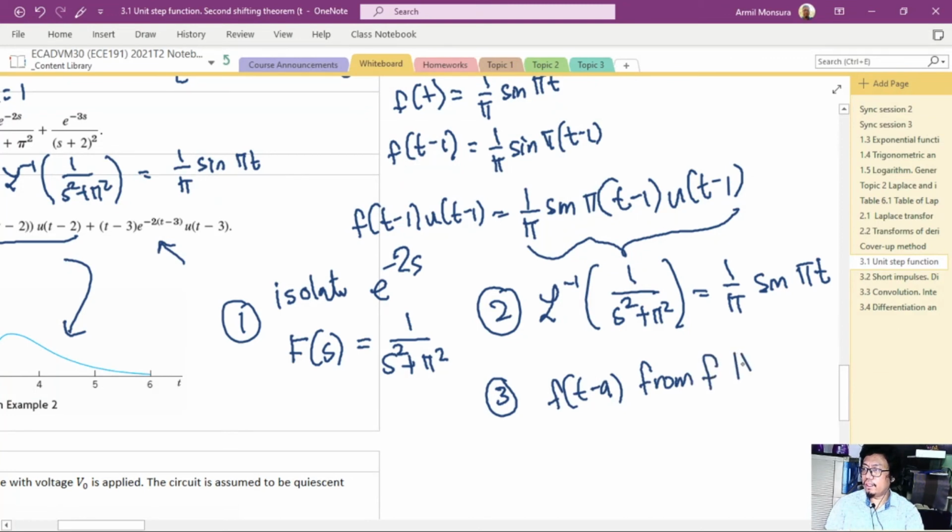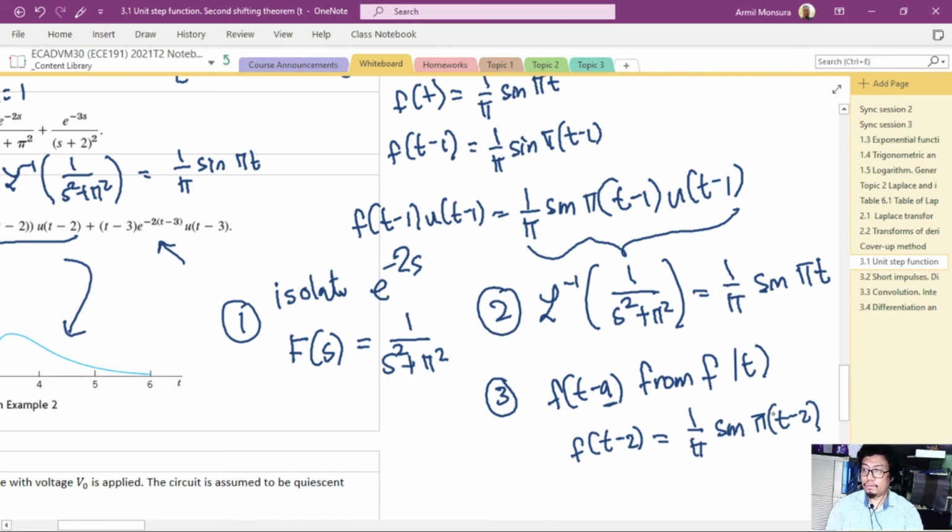So that means that you have to identify a from here. So a here is 2. And therefore, you would have f of t minus 2, which is essentially 1 over pi times sine of pi times t minus 2.